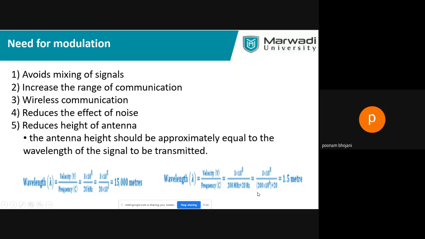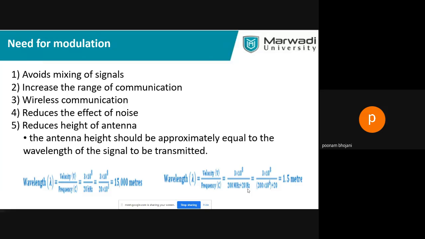But now let us calculate the wavelength for the modulation. Let's say we are doing modulation of the 20 kilohertz signal with a carrier frequency. Here it is given as the example that 200 megahertz is the carrier frequency, and your original message signal is 20 hertz, as written.